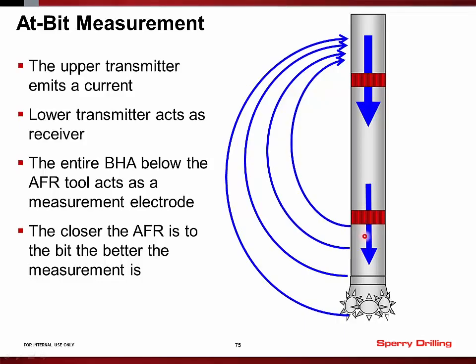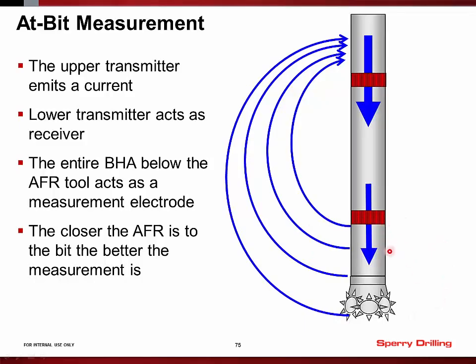What that effectively means is that from this point on the tool to the bit, the BHA acts as an electrode which can then be used to measure the resistivity of the formations immediately around that part of the BHA. So it's not a very focused measurement.